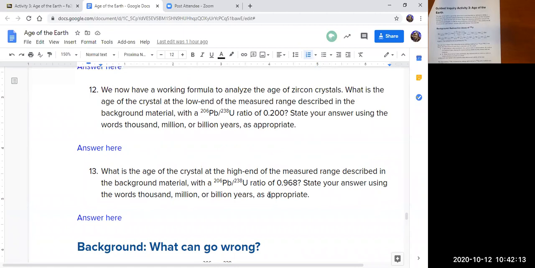Now, a thread on Piazza had said, 10 doesn't make any sense, do you mean question 12? And without looking too closely, I said yes. And then this morning I realized, no, it's not question 12, it's question 13. So know that it's supposed to be looking at question 13.